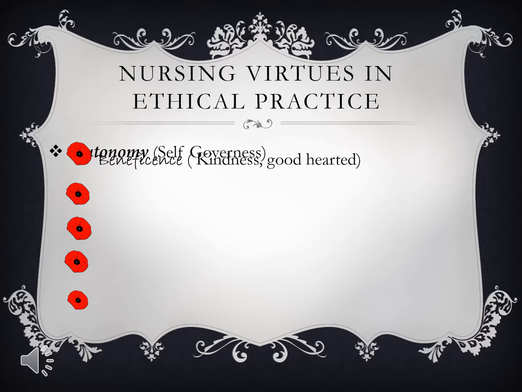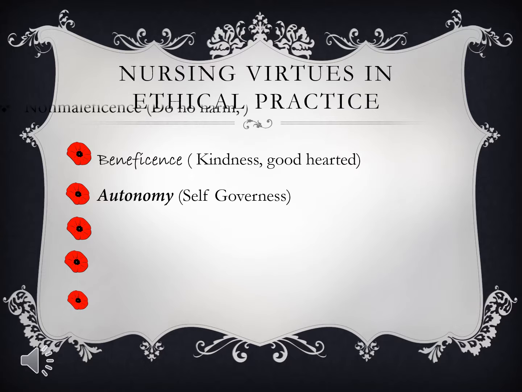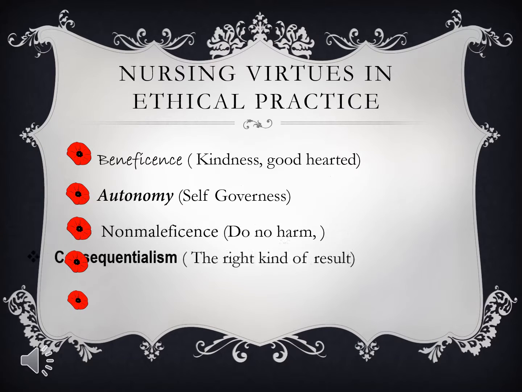It's how one conducts themselves within their practice. Putting the patient's safety first and conducting the practice of nursing without intent to harm is non-maleficence. This also includes taking care of yourself, being the best that you can be in order to take care of others.